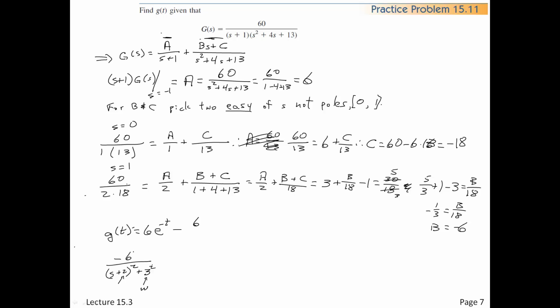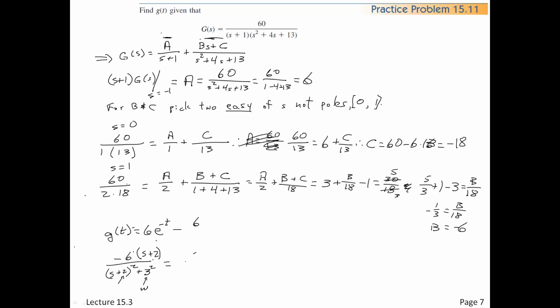Let's see, what I really need here is an s plus 2, right? I need this omega, or I need this s over s squared plus omega squared to give my shape. So I've got the 6s. Oh, I could borrow 2 from the c. I could borrow 12 from the c, right?